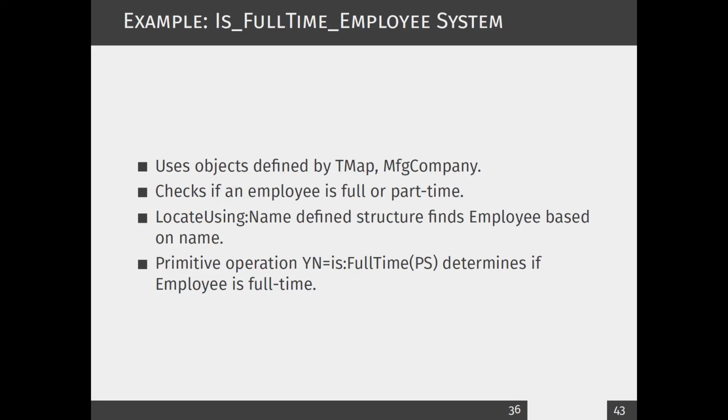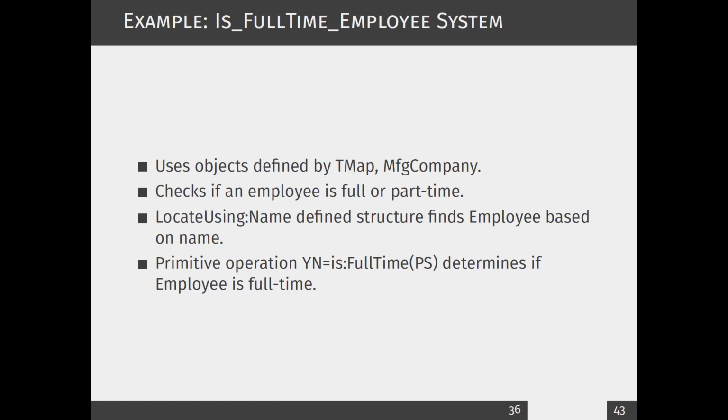Okay, let's look at another example, a full employee system. We can use objects defined by T map, manufacturing company. So for example, we can look at whether the employees are full-time or part-time, and then you can locate them using the name.